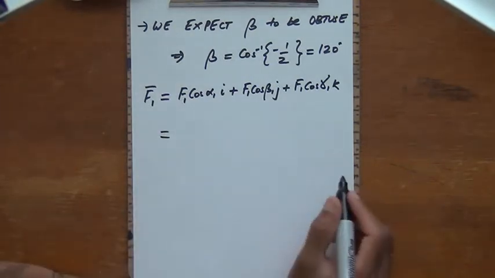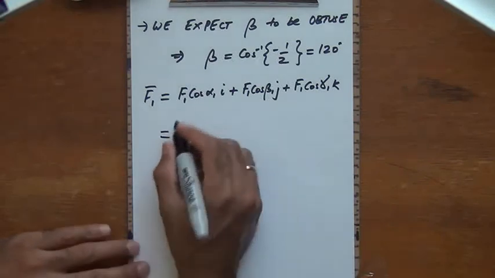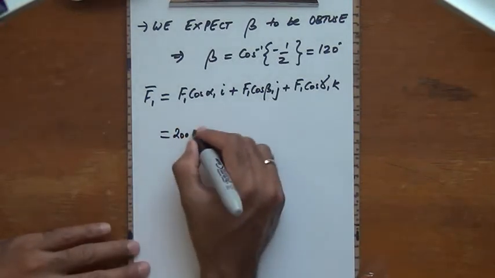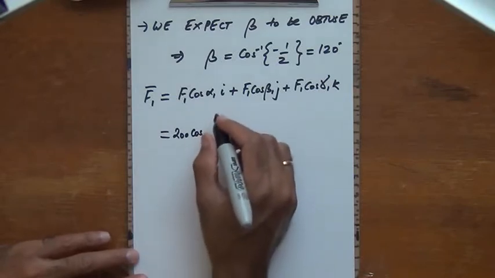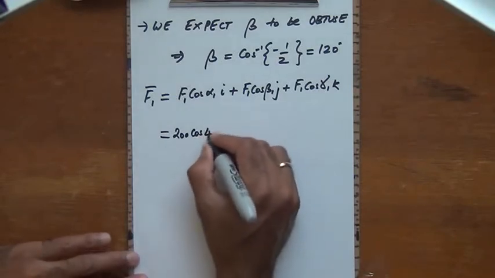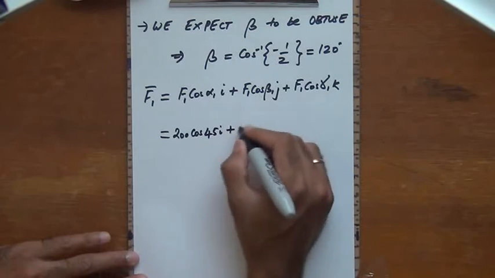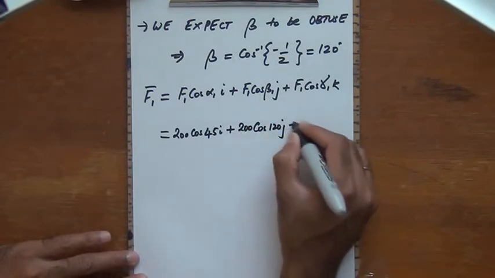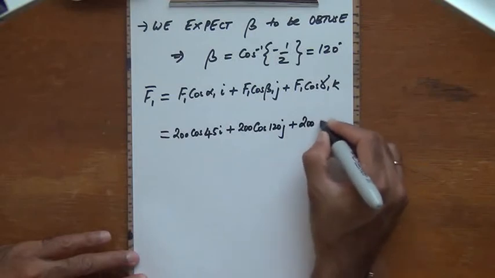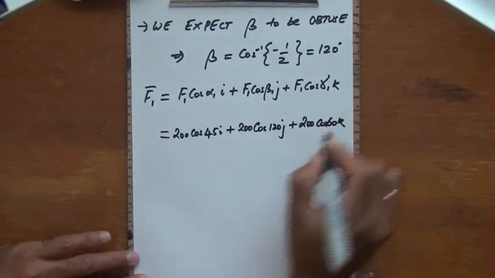I know all the coordinate direction angles, and so I can fill this out. 200 times cosine of alpha 1 from the previous page was 45 degrees. Then I have 200 freshly found out cosine 120j, and then I have 200 cosine 60k.